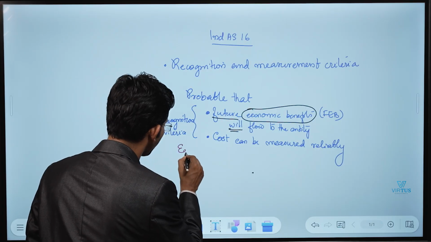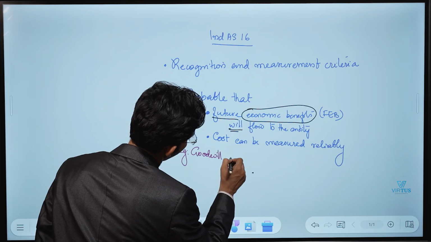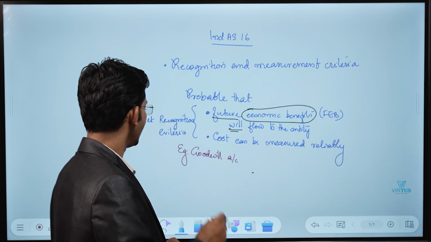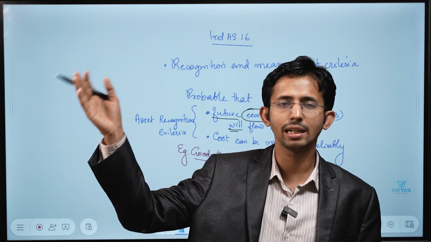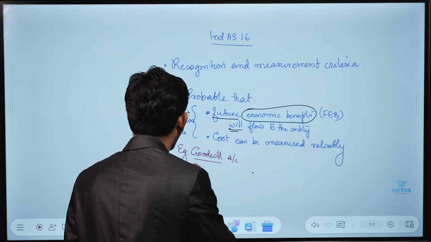Suppose you take the case of goodwill. Goodwill accounting, you all would have learned. Even though it is not covered in IND AS 16 but under intangible assets, which we will take separately, I am going to give you a general principle here.